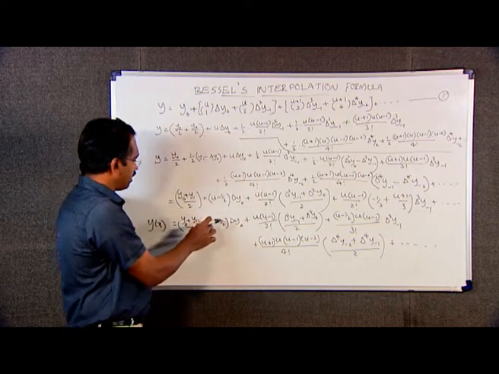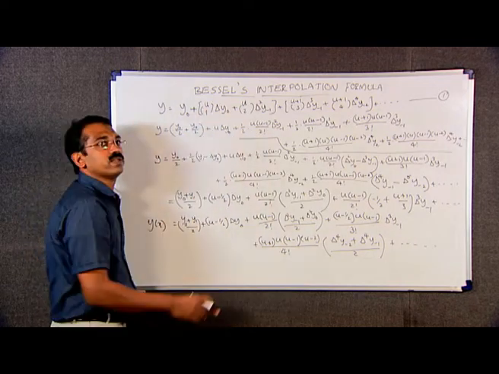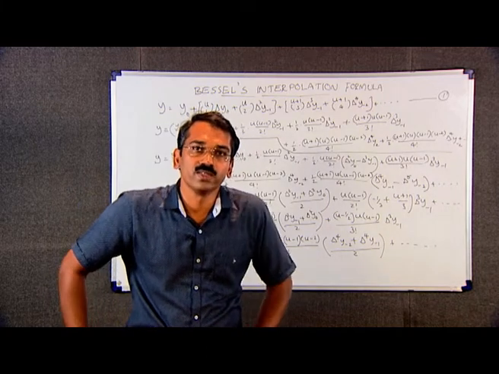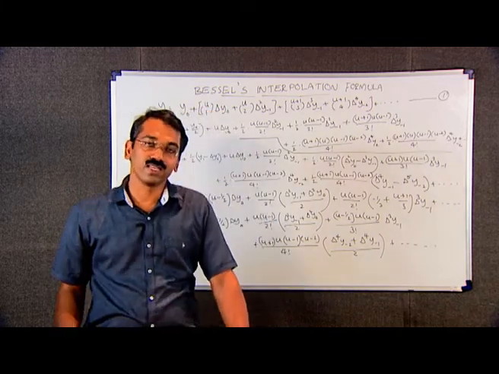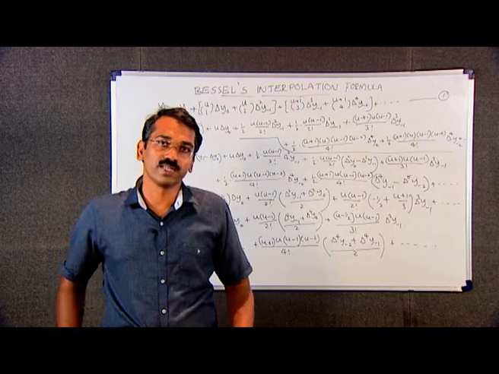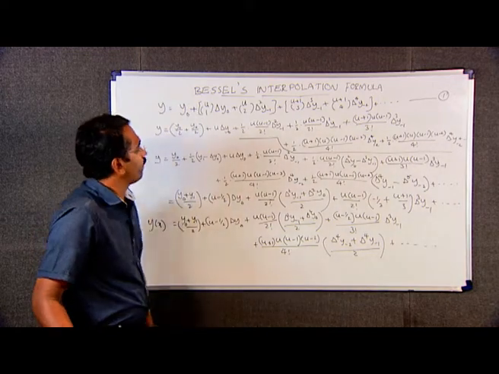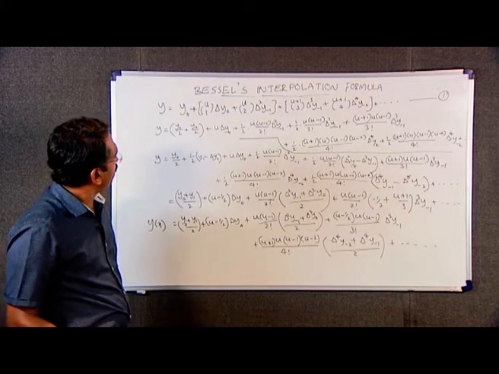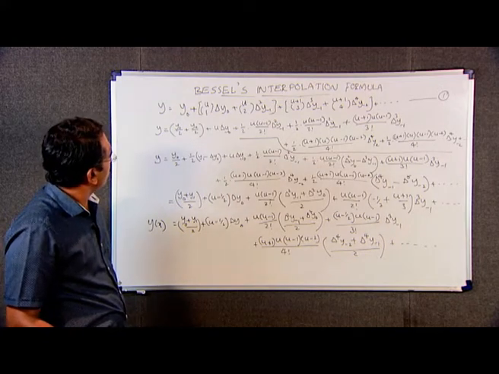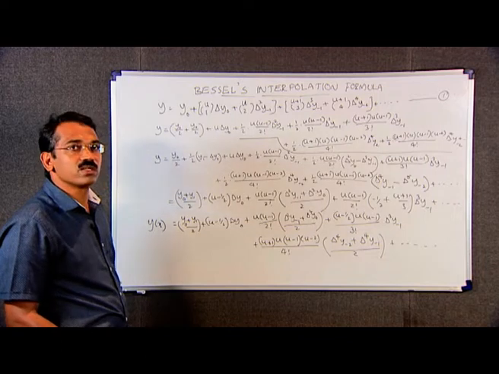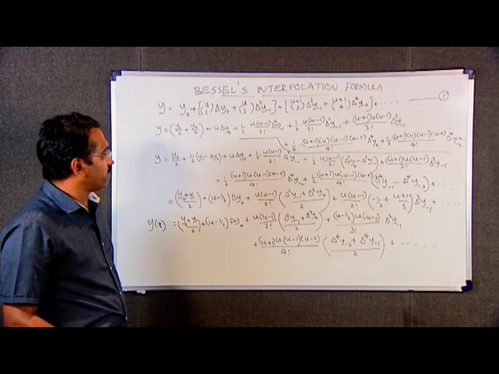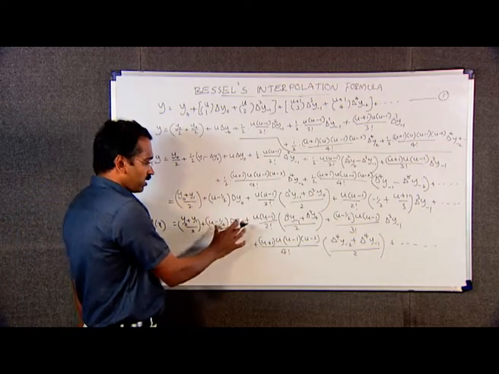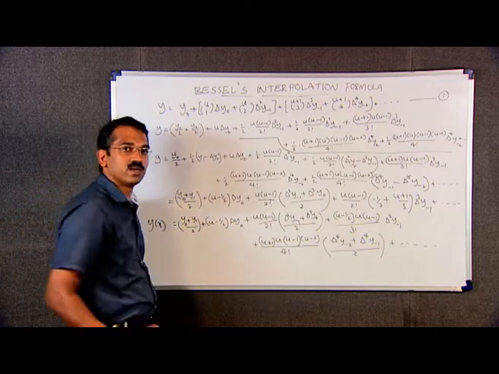This formula is known as Bessel's interpolation formula, which can be used to interpolate at or near the center of a given data. Now, if we write the central difference table, we can observe the terms involved in this formula.